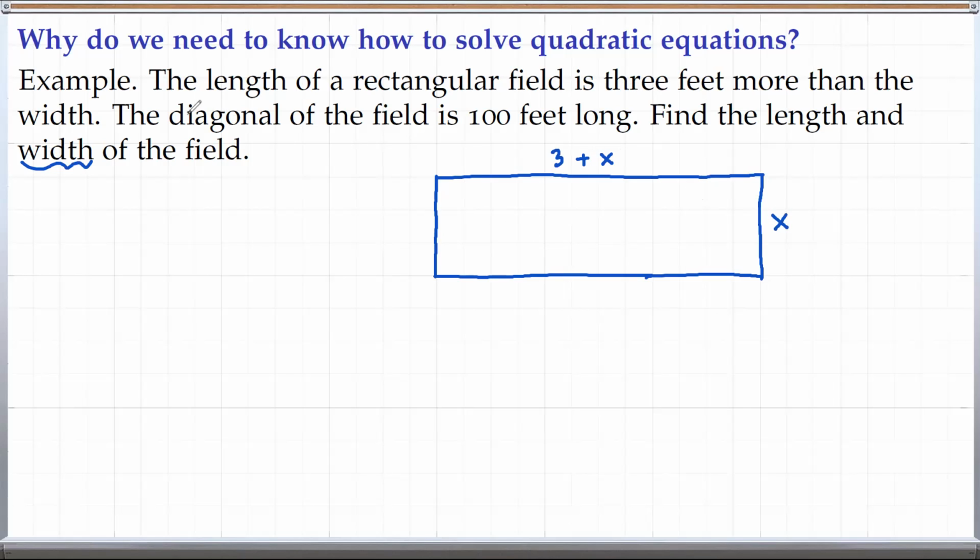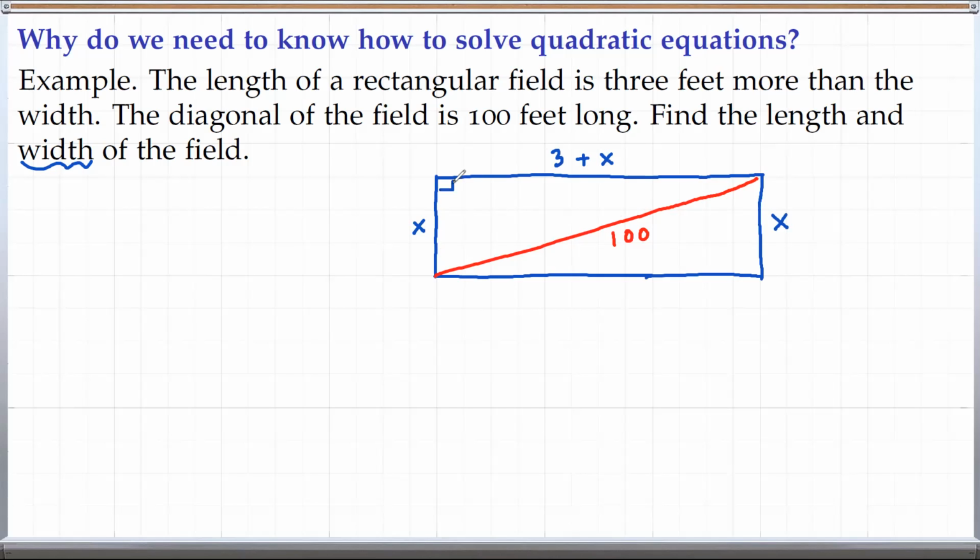Now someone measured the diagonal and they found that the diagonal is 100 feet. So this is 100 feet. The goal is to find length and width. If we can find a relation between 3 plus x, 100, and x, then we can write an equation and then solve that equation. So let's see how that equation looks. We know that this side is also x.